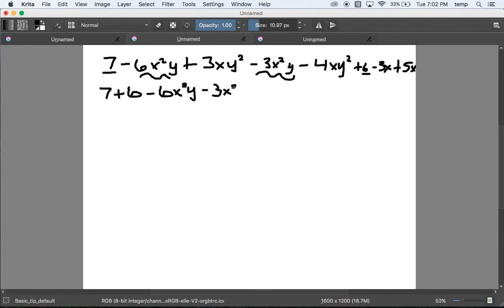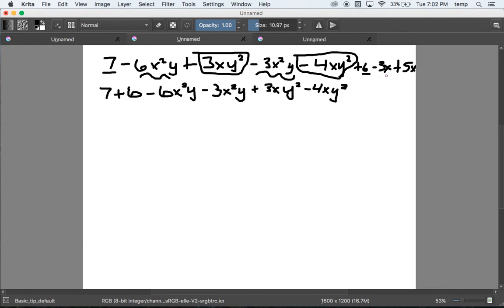But just to show why we can do that, and these different properties that we just covered, I'm going to write these out again. So then we have xy squared and xy squared here. I don't know, put a box around these, I guess. So the positive 3xy squared minus 4xy squared.